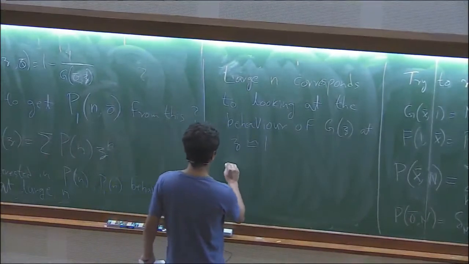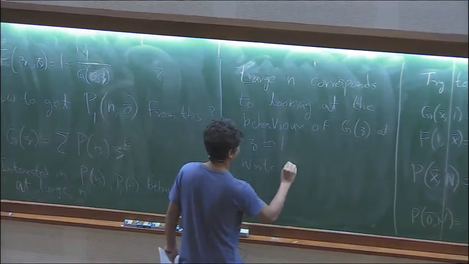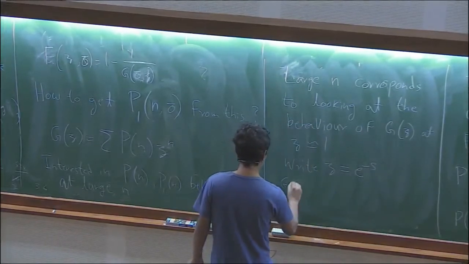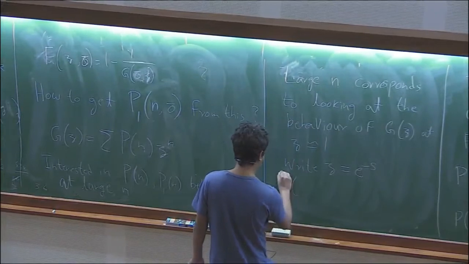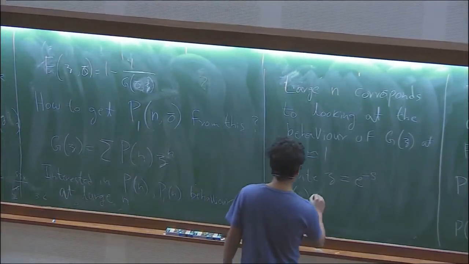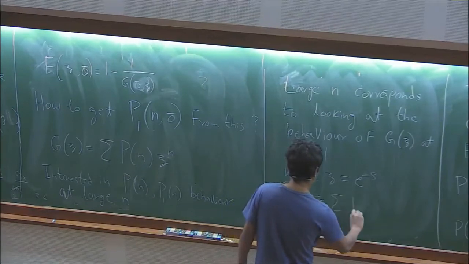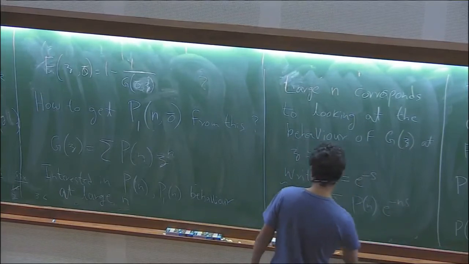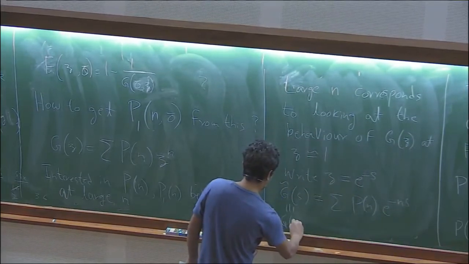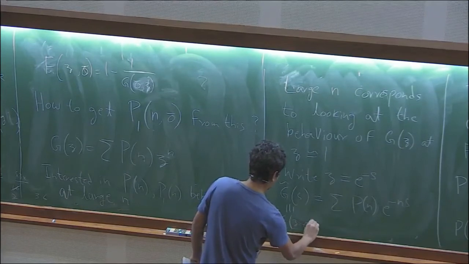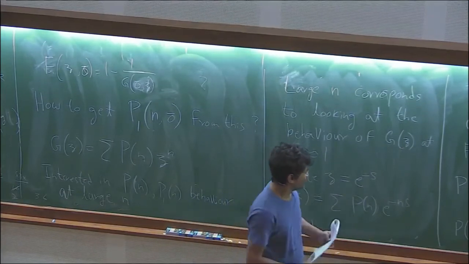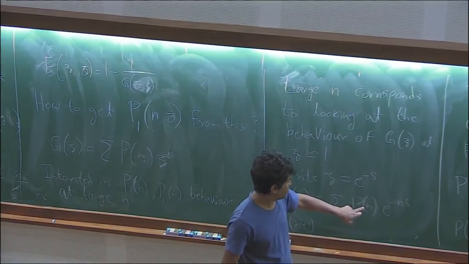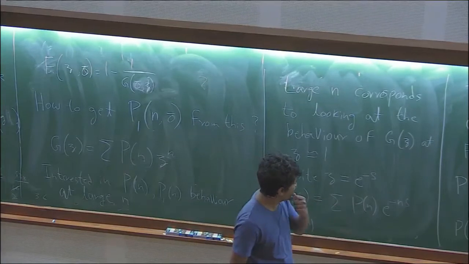Supposing you write, okay, so then the summation is G of S. Let's call some new function G tilde S is equal to the sum over Pn times this.